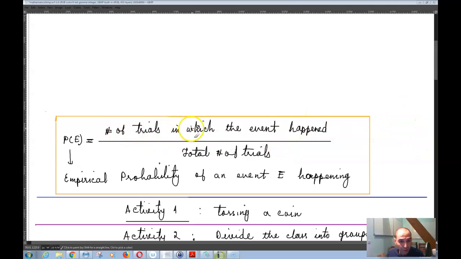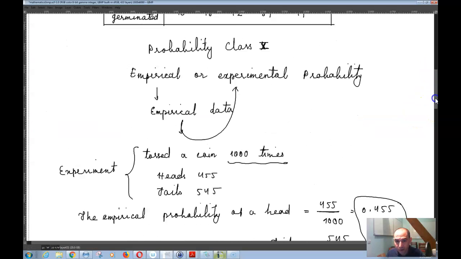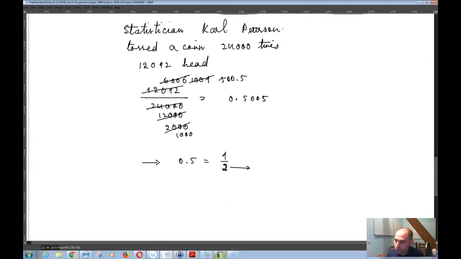So if I get 1 by 2 over here, that means that if I take the number of trials as 2, the number of trials in which the event happens is 1. Then you can multiply this by any number, for example 10, 20, 30, 40, 50, and say that if you do the experiment 10,000 times, you're going to get, for example, 5,000 hits, exactly half of that.